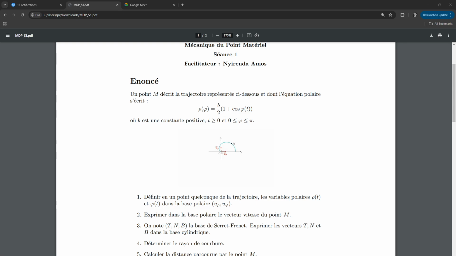If you check, you get 3b divided by 2 phi point squared and then cosine phi divided by 2. If you simplify here, you should be able to get 2b divided by 3 cosine phi divided by 2. C'est bien.